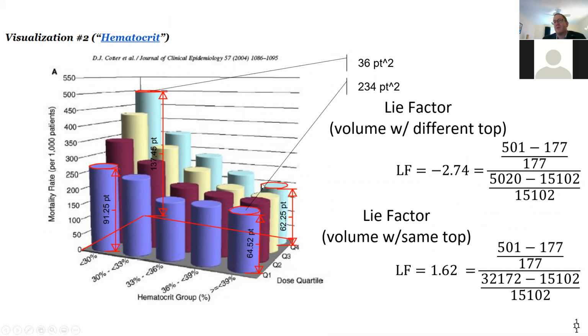It's just pi r squared for the area of a circle, and then multiply it by the cylinder height. Good to go. That's how I could calculate that, and I get a lie factor of negative 2.74, and if my volume in this, presuming the same size top, I get a 1.62.